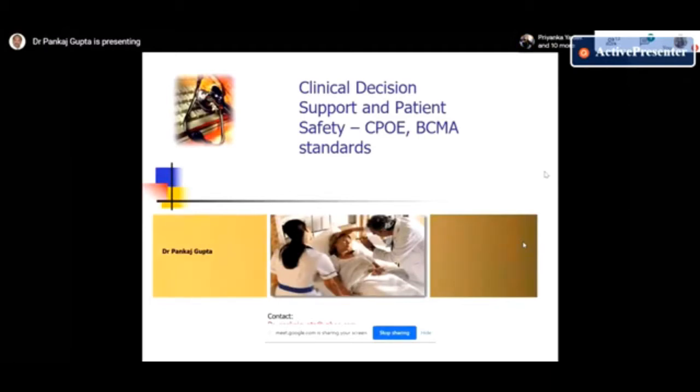Just the clinical decision support systems also, you can explain it. I think that will be covered. Yeah, how it works. Sure. There is a slight difference between clinical decision support and the way CPOE standards are. So CPOE standards are a step above normal clinical decision support systems. But yeah, I'll go into that.